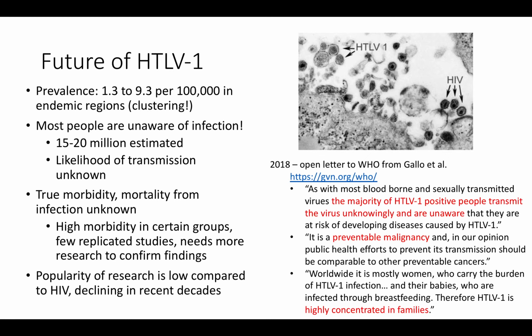And we have ideas about the prevalence of it. The prevalence can be anywhere between 1.3 to 9.3 per 100,000. And again, remember, it's clustered in endemic regions. But we have very limited data sets that really give us the true morbidity and mortality.